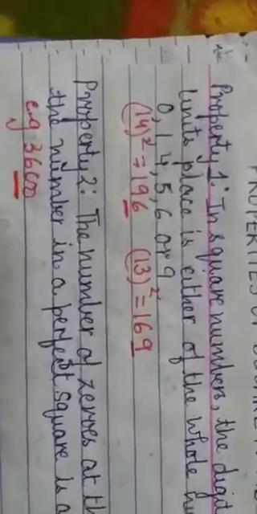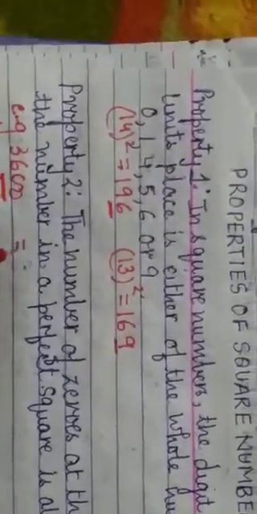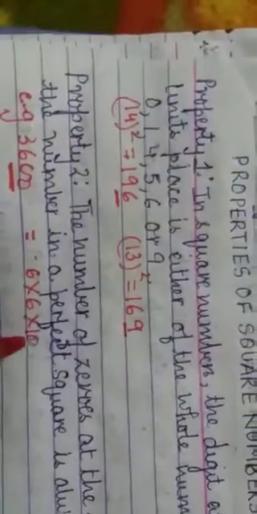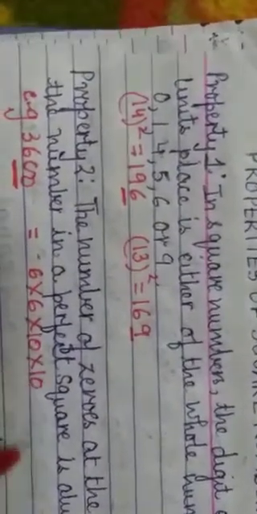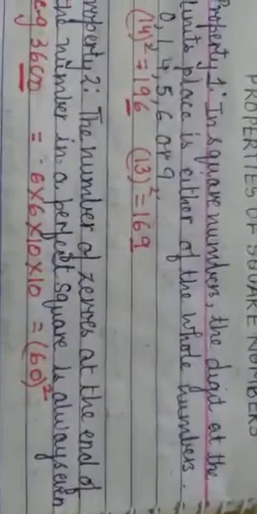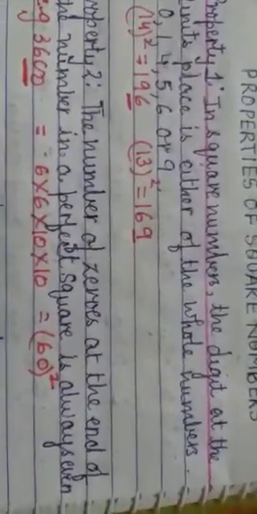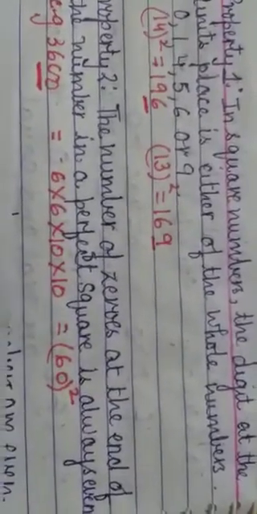Two zeros are there. So, if I open it, it is 6 into 6 and 10 into 10. So it is 60 whole square. So always remember, it will be a perfect square only when zeros are even. I think the second property is also clear to you.